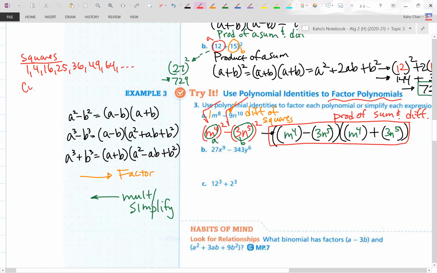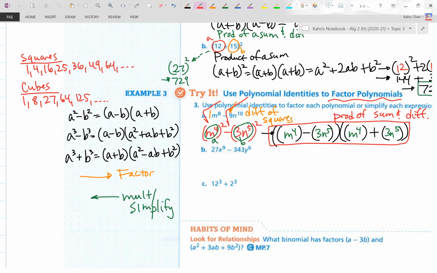Perfect cubes are a little tougher. Let's try them. 1 cubed, 2 cubed, 3 cubed, 4 cubed, 5 cubed, 6 cubed is where I start losing my mind here. But make a list. Yeah, look for those numbers. 27 is in my list right there.